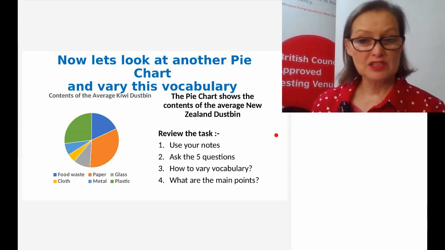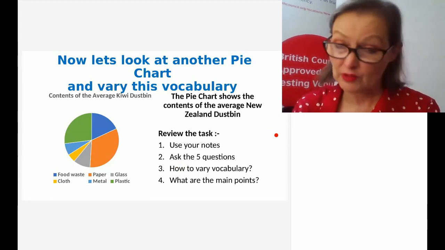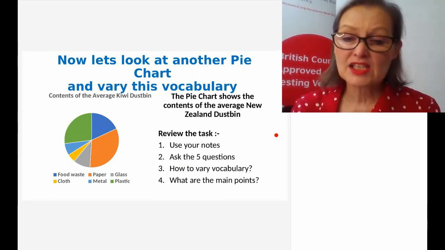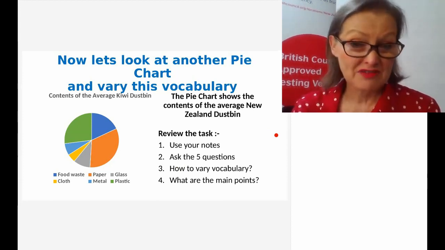So I'm going to give you a chance now to look at the graph, look at the pie chart, and ask yourself the 5 questions. Can you remember them?